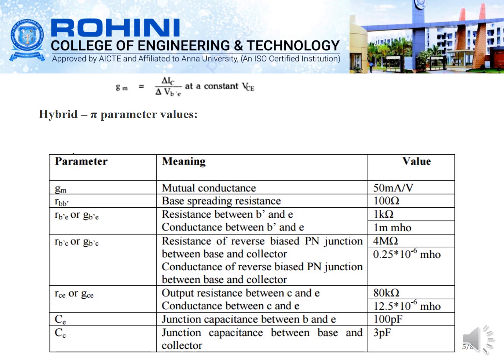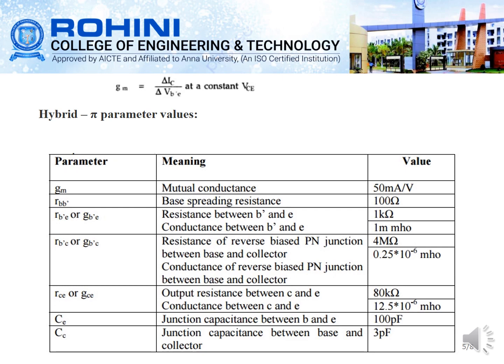You can see the hybrid parameter values. GM, the mutual conductance, is 50 milliamps per volt. RBB', the base spreading resistance, is 100 ohm. RB'E, the resistance between B' and E, is 1 kilo ohm, and the conductance is 1 millisiemens. RB'C or GB'C, the resistance of the reverse biased PN junction between the base and the collector, has a conductance of 0.25 into 10 power minus 6.